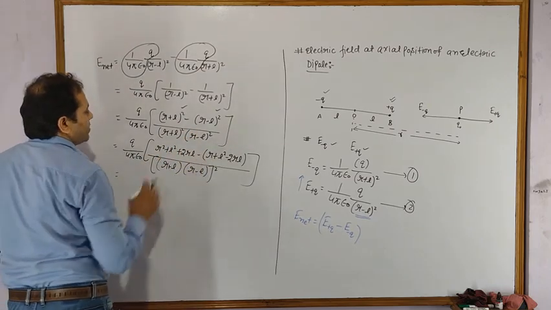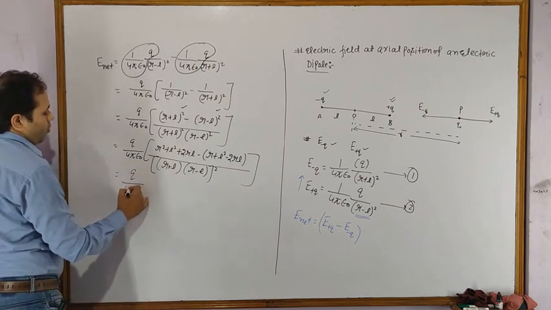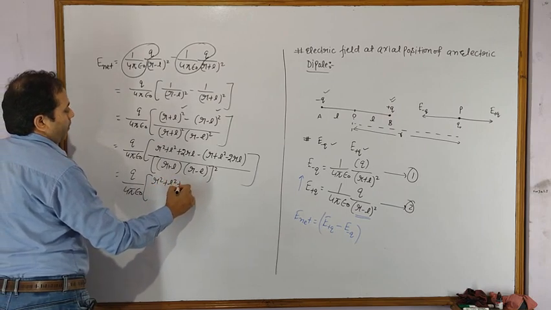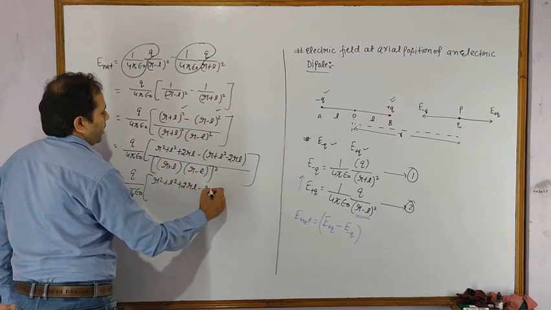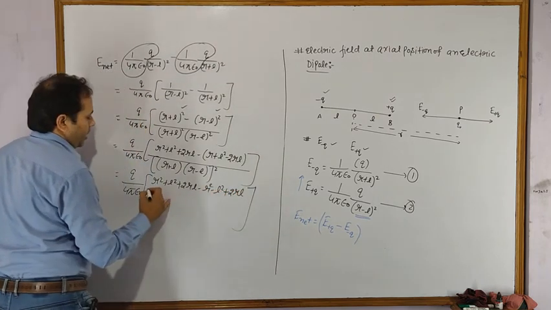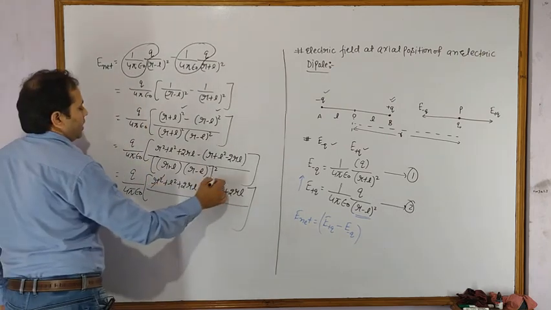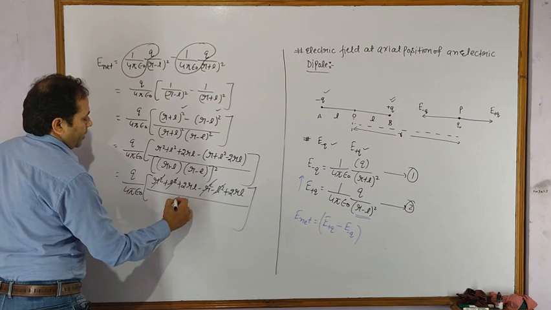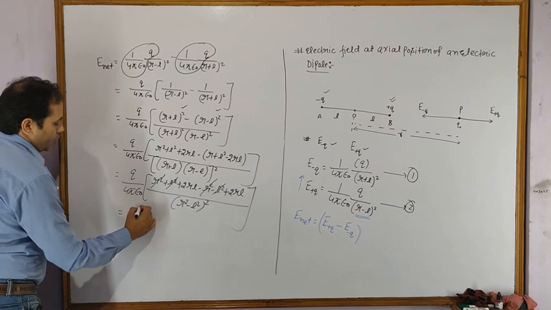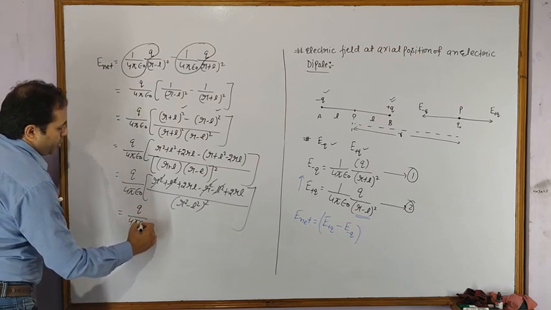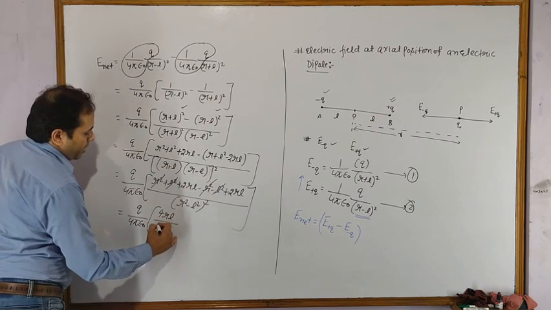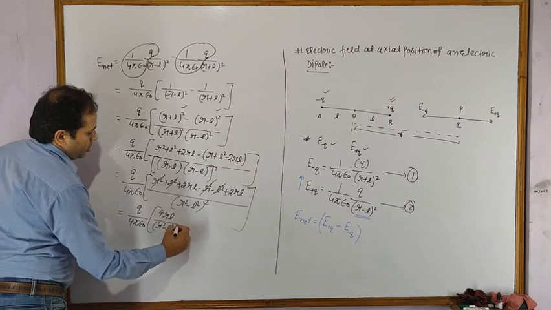So Q upon 4 pi epsilon naught, R square plus L square plus 2RL as well as minus R square minus L square plus 2RL. The negative and positive signs will cancel, and in the denominator you will get R square minus L square the whole square. Finally you will get the reduced equation 4RL divided by R square minus L square power 2.